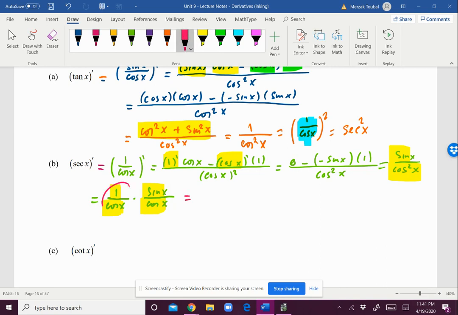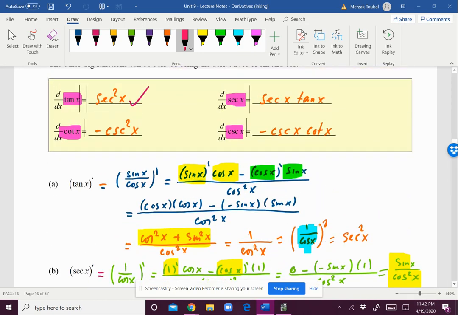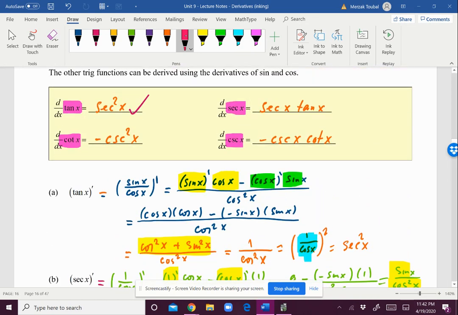Now I know that 1 over cosine is secant. And sine over cosine, that's tangent. And that verifies the second derivative, the derivative of secant.